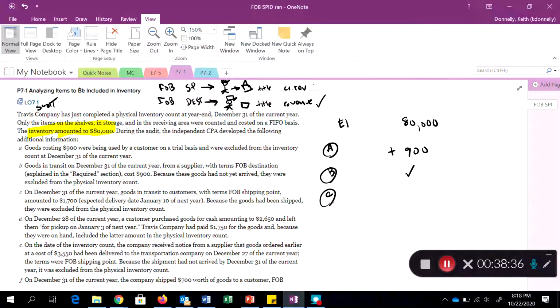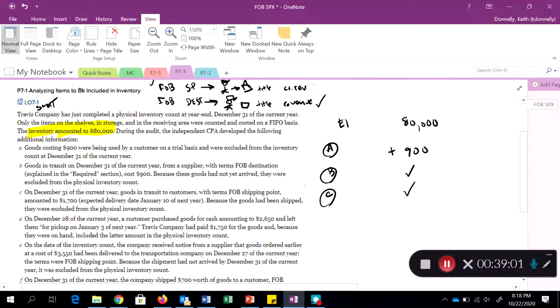So the idea here is we sold something on eBay, we shipped it, our terms were FOB shipping point. Once we ship it, we take it to the post office. It's not ours, it's the other guy's. We need to exclude it from our inventory. When they went back there, it wasn't there. They didn't count it, so they excluded it. They did the right thing.